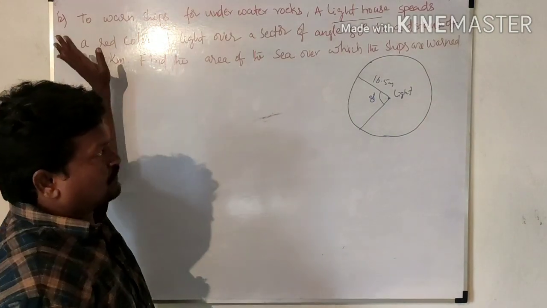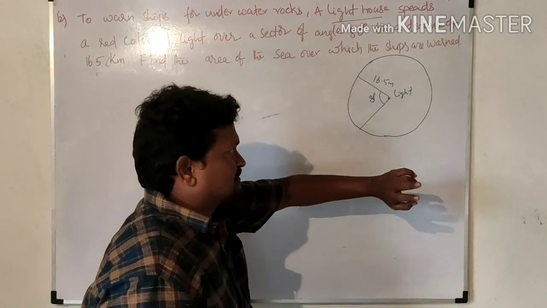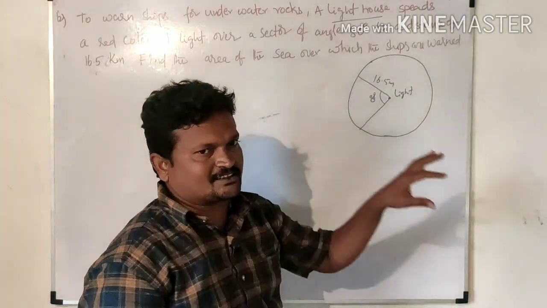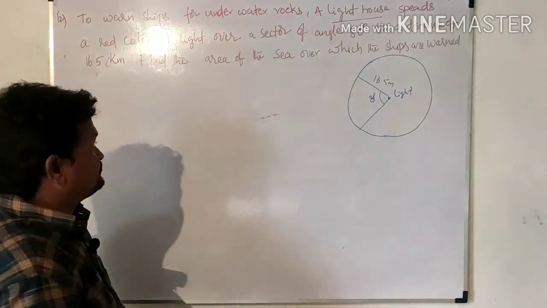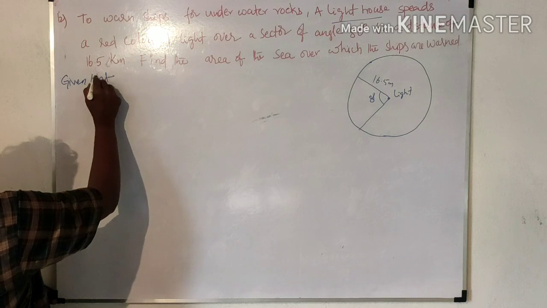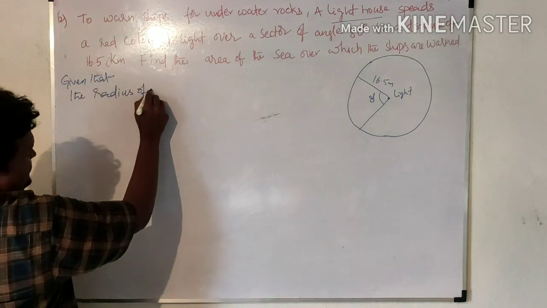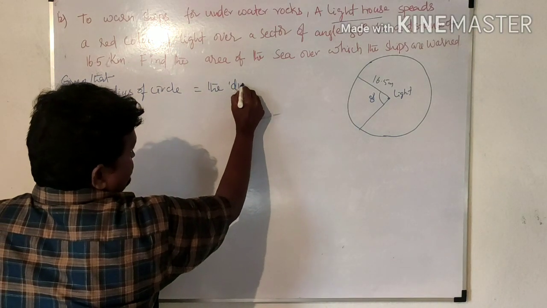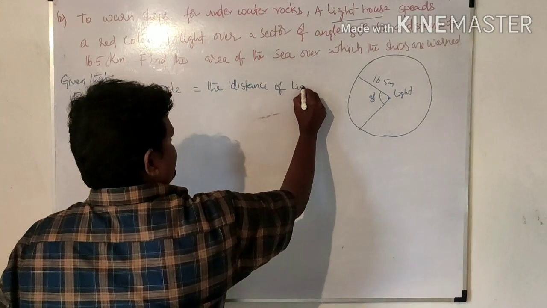Nothing else is there. From this question, we make one sector with radius 16.5 and angle 80 degrees. Simply, here we have to find the area of the sector. That we have to understand from the given question. Given that the radius of the circle becomes the distance of the lighthouse.